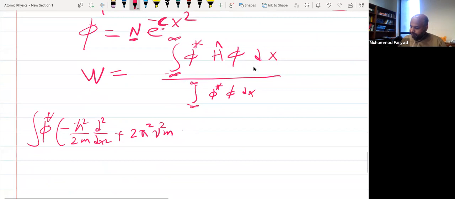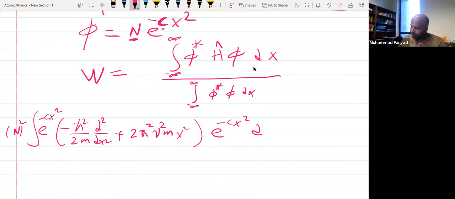Into, there's an n mod square, let me take it out, and you can put exponential minus c x square here and exponential minus c x square here, dx. So this is the top term.